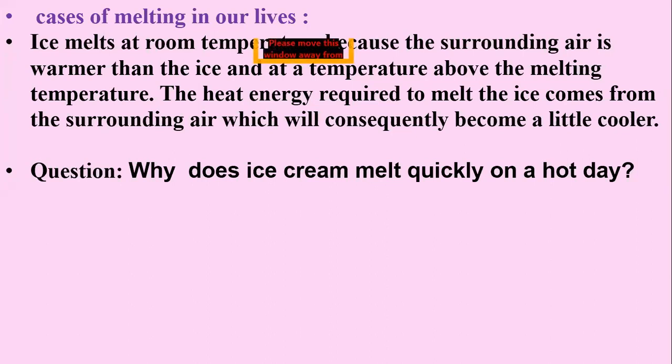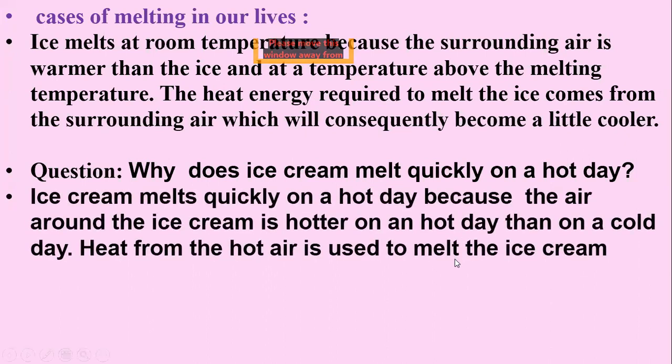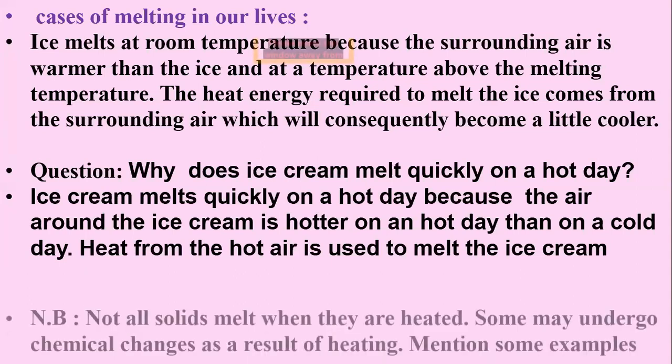So since the air surrounding the ice cream on a hot day is hotter, then the ice cream melts faster. Thank you, whoever had thought of that. I couldn't pick all of you. You just know you're wonderful chemists. So that is what we are saying. Ice cream melts quickly on a hot day because the air around the ice cream is hotter on a hot day than on a cold day. So heat from the hot air is used to melt the ice cream.